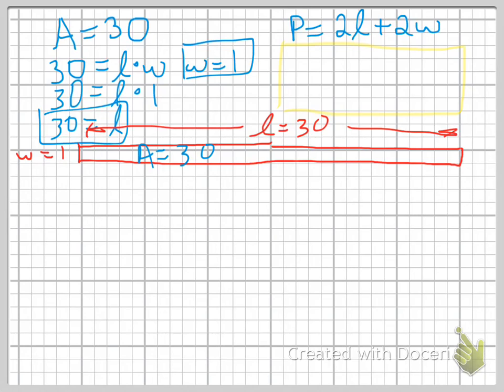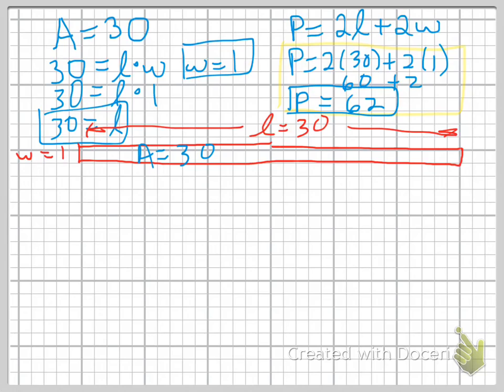You can do it in your head, but if not, you can just get a scrap piece of paper and go 2 times 30 plus 2 times 1, because that's the width. 2 times the length, 2 times the width. That's going to be 60 plus 2. So my perimeter is 62. That's what I'm going to write in here. P equals 62.